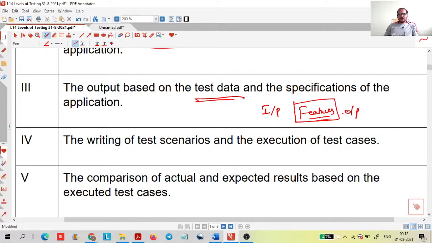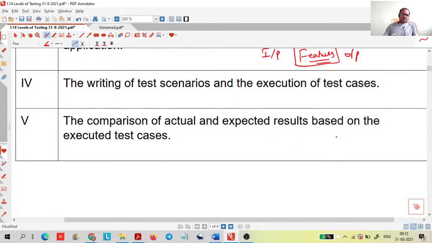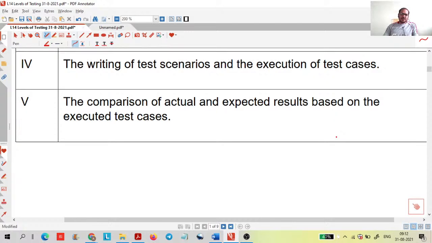Then writing the test cases and test scenarios, then comparison of actual and expected results based upon the executed test cases. If there is a match between the actual output and expected output, then we can say the test case is pass.